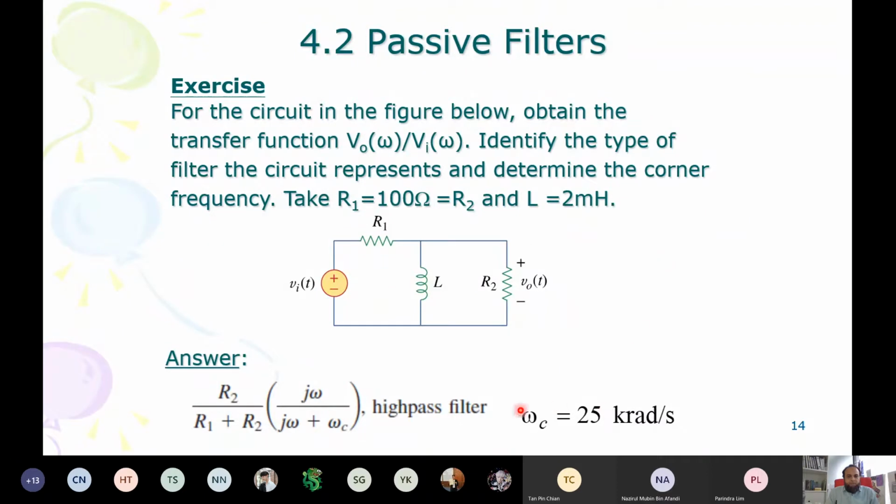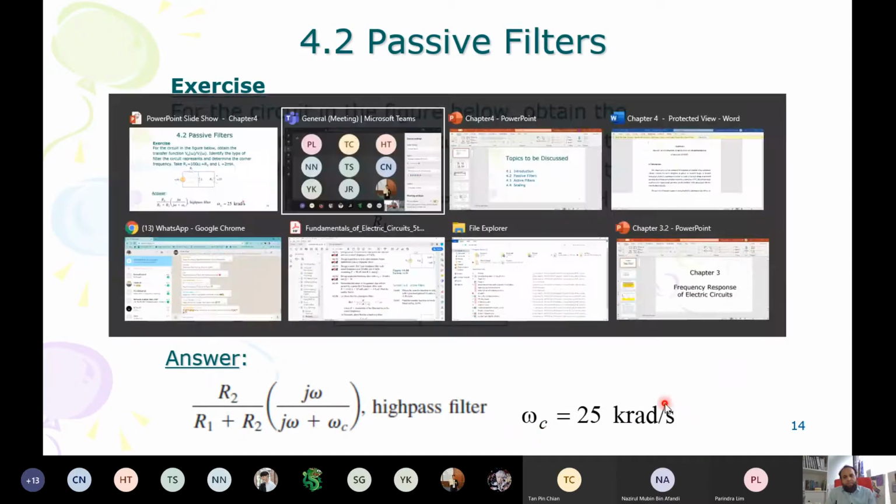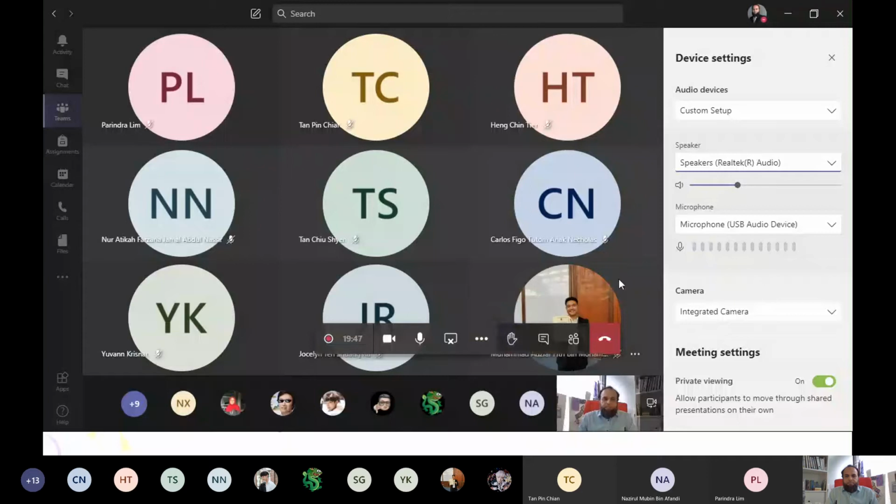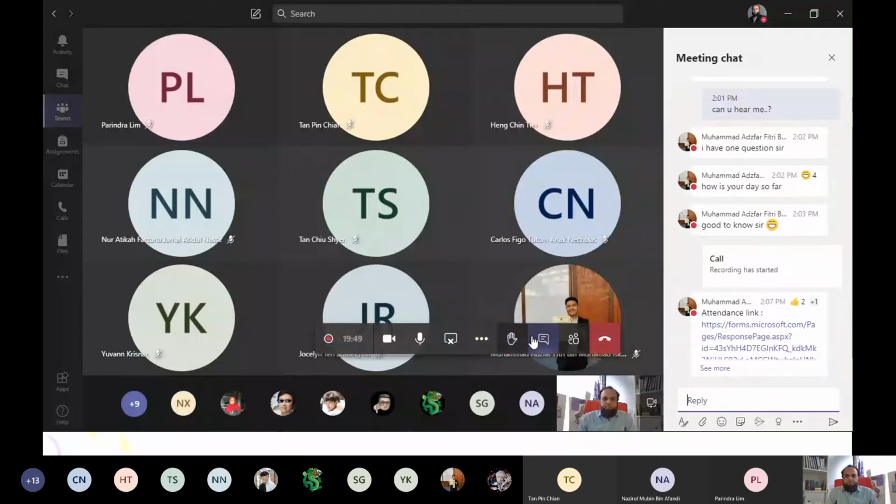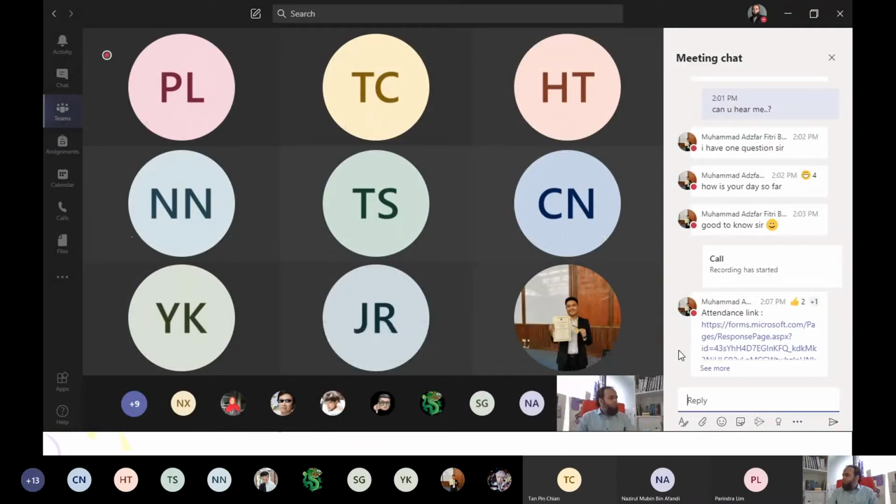How do we find omega C? Can someone tell me how to find omega C? Can someone tell me how to find omega C, guys?